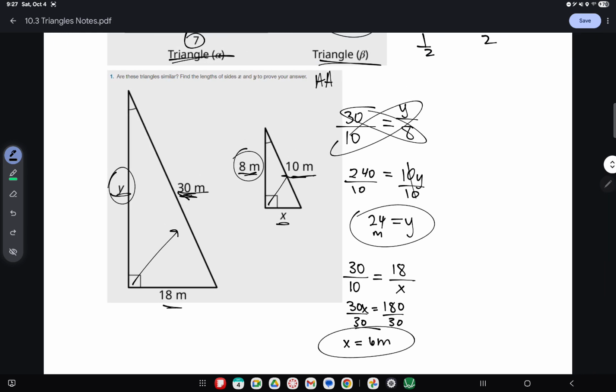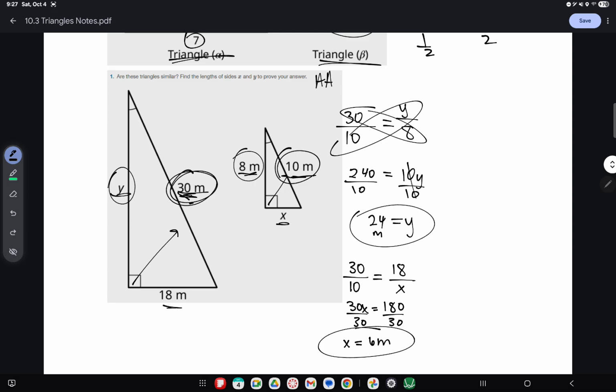So if we know they're similar, and we know the scale factor, so we're going from 3 to 10, so it's a factor of either 1/3 or 3, depending on the direction. We could have gone from that direction as well.